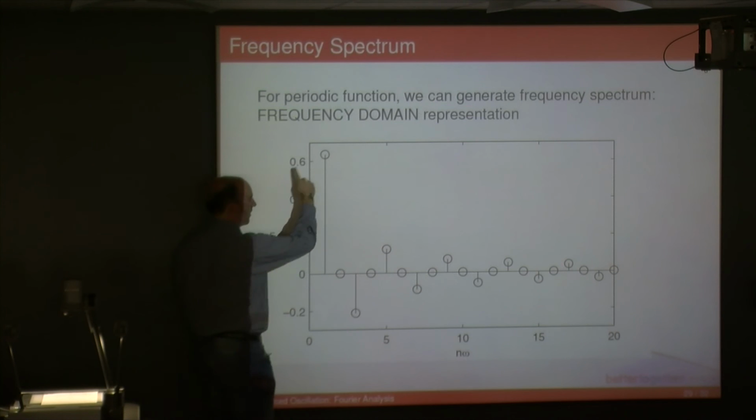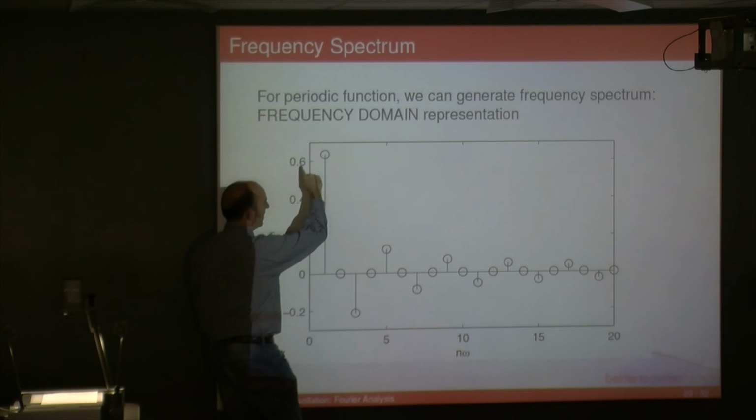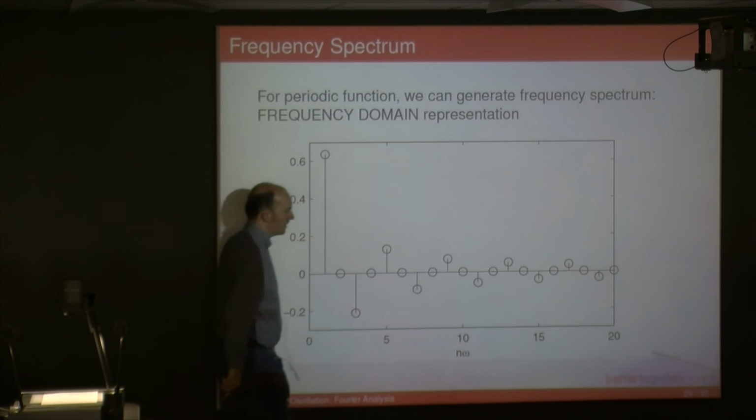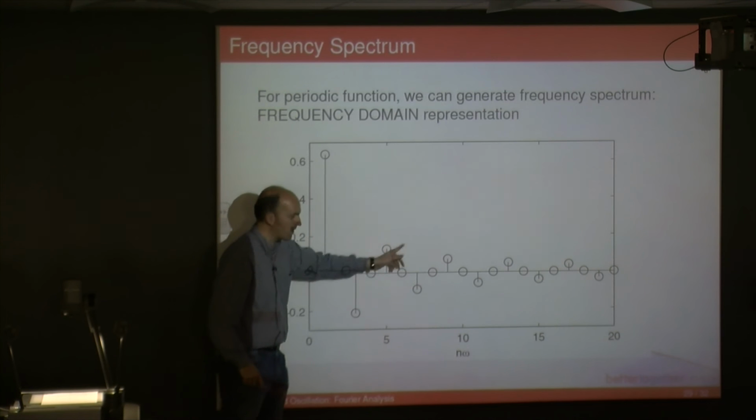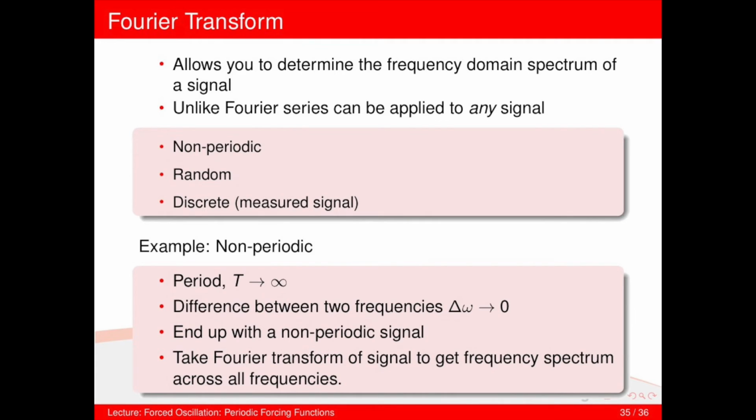And so what you end up with in terms of a frequency spectrum is you end up with a line, okay, as opposed to specific frequencies at certain points. Like I said, T goes to infinity, the difference between those two frequencies must go down to 0 because of the relationship between T and omega. Okay, and you end up with a non-periodic signal being expressed as a frequency domain response.